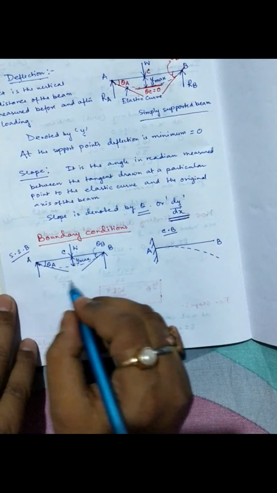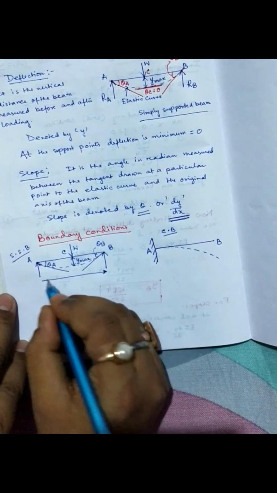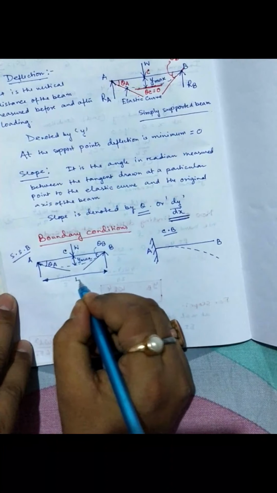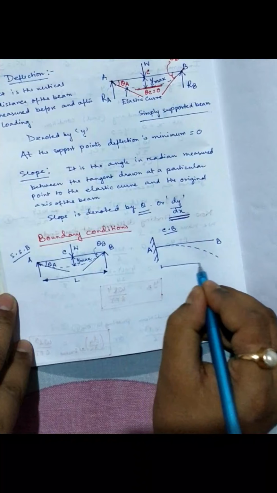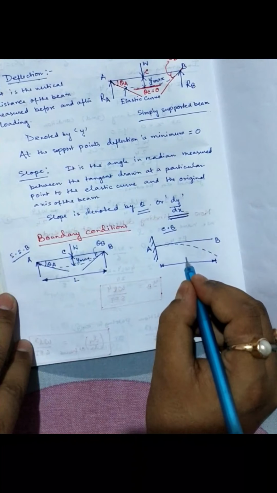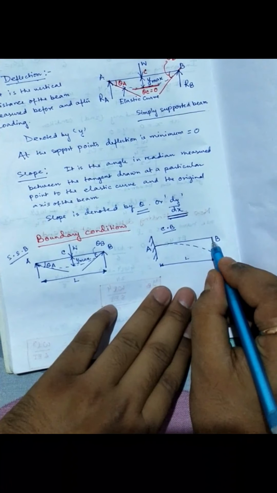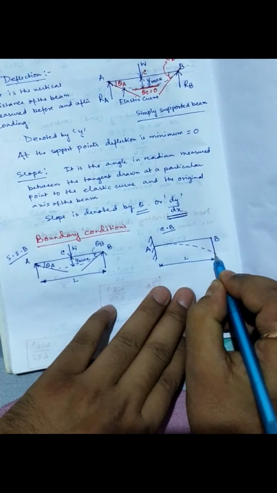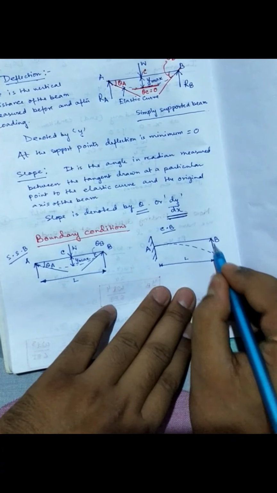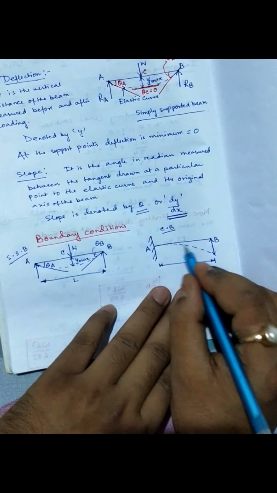If the total length in both the cases is L, then you can see in a cantilever beam that the maximum deflection is at the free end. This is the vertical distance between the elastic curve and the original axis of the beam.